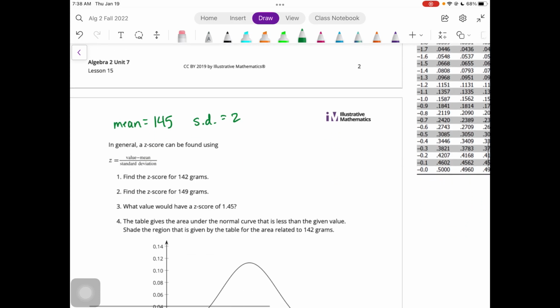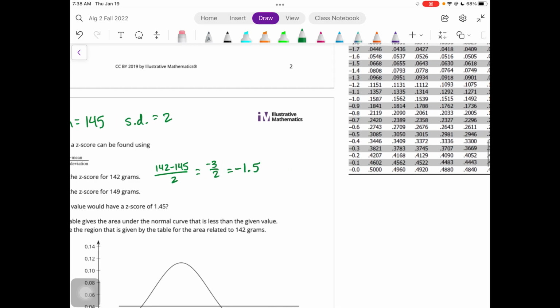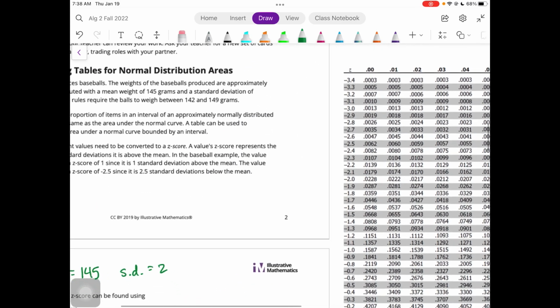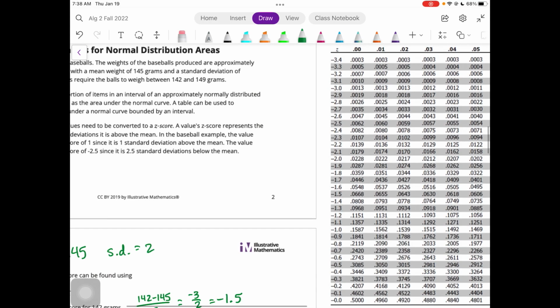Okay, so find the z-score for 142 grams. We're taking 142 minus 145, all divided by 2. That's going to give us negative 3 over 2, which is negative 1.5. So then we go over here, our z-score is negative 1.5. In the hundredths place, we just have a 0.